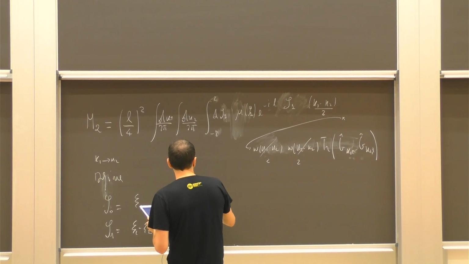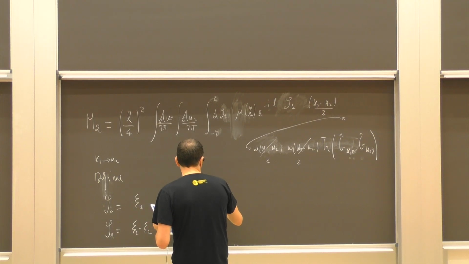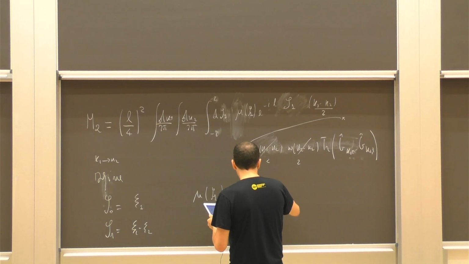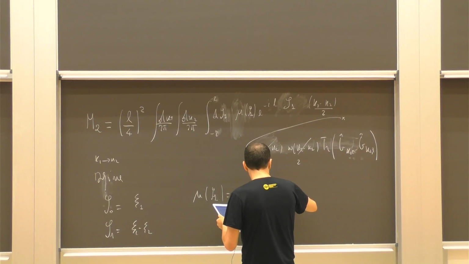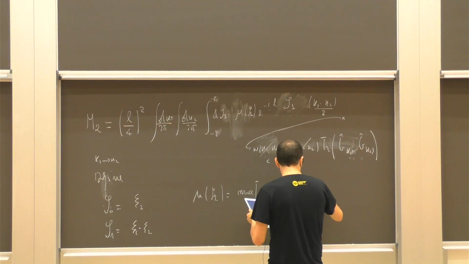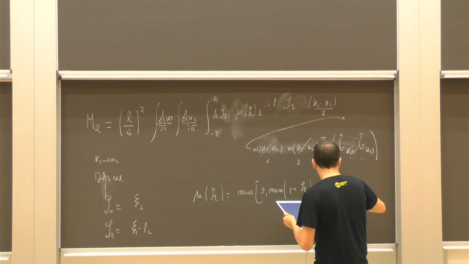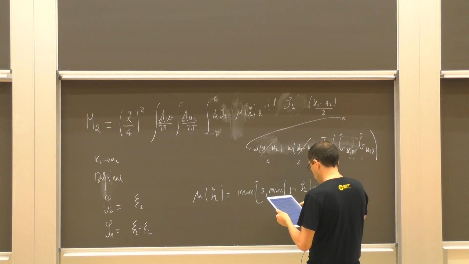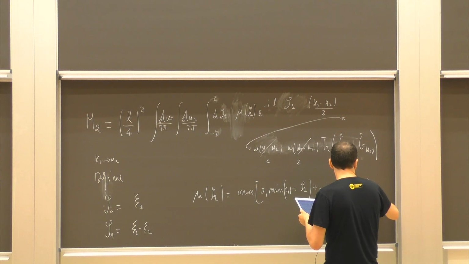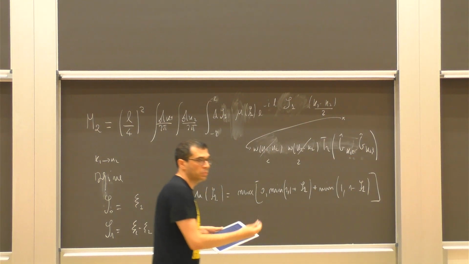And this mu is actually important. Mu of z1 is just a function. It looks complicated, but it's actually simple.